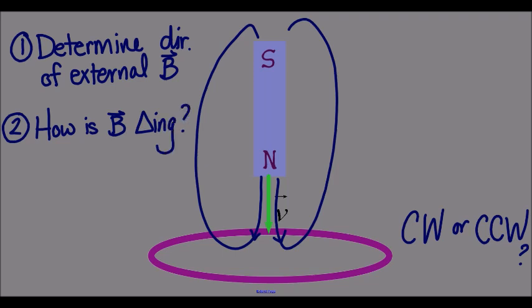Specifically, how is that external magnetic field changing? In this case, the external magnetic field is getting stronger because the magnet is getting closer to the loop. So we have a downward magnetic field that is getting stronger.